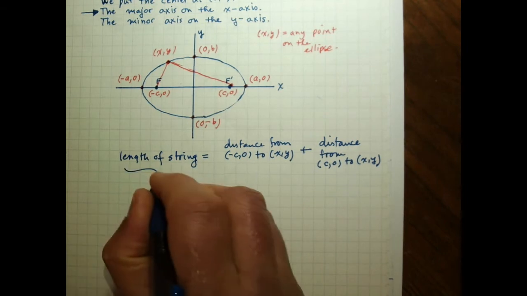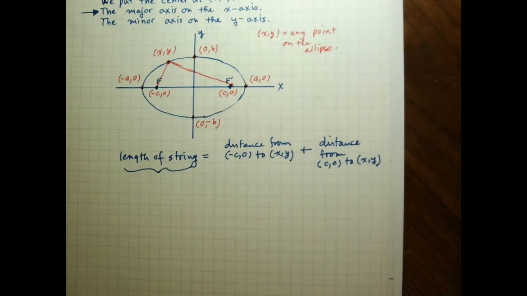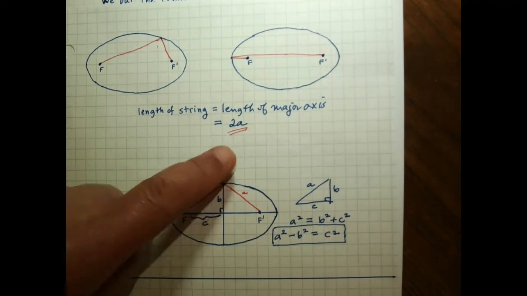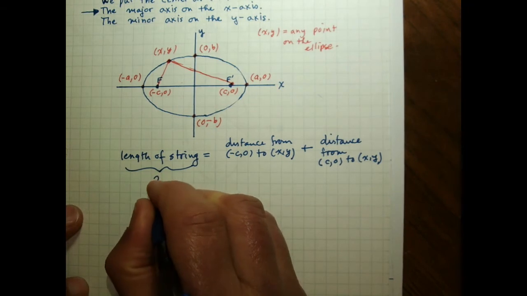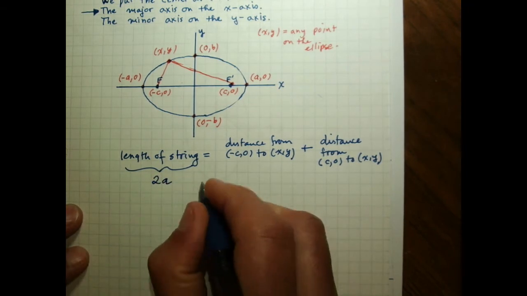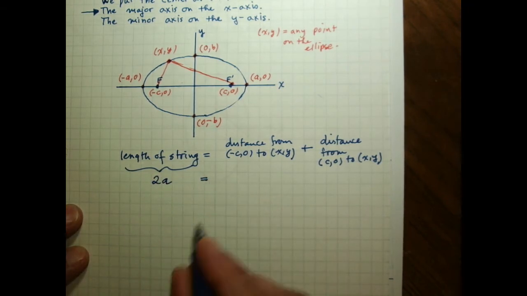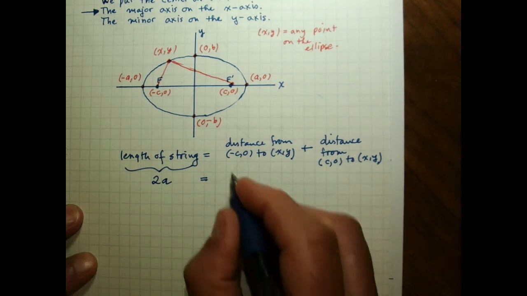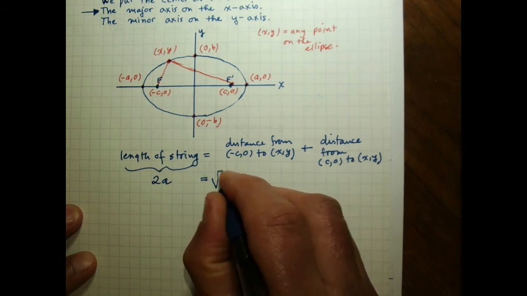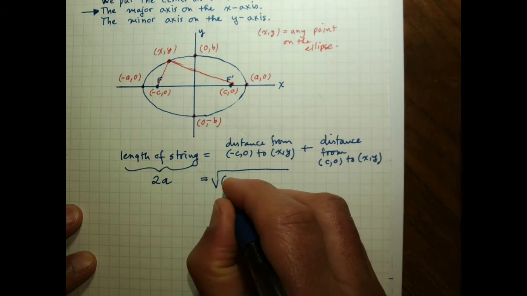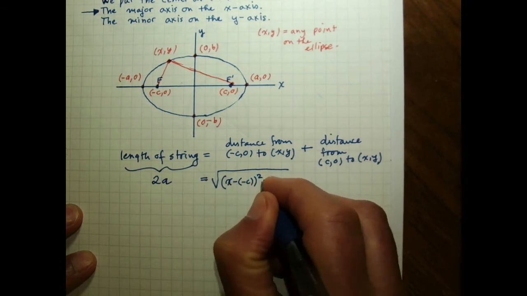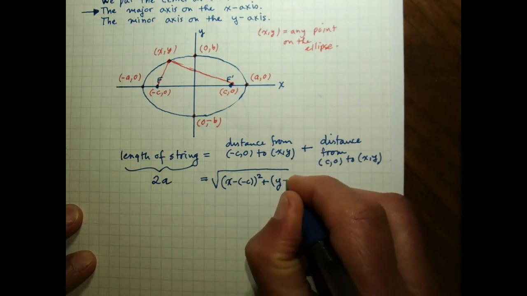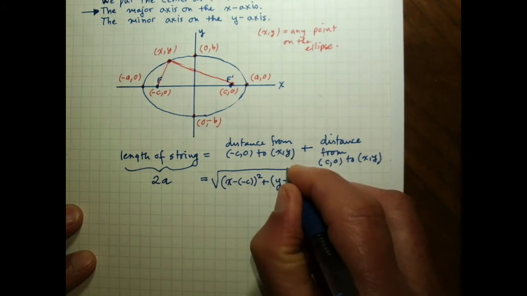Now the length of the string, we just said a moment ago on the previous page, has to equal 2a. 2a is the length of the major axis. And now I'm just going to write out what these distances are using our distance formula. So the square root of x minus negative c squared plus y minus 0 squared.